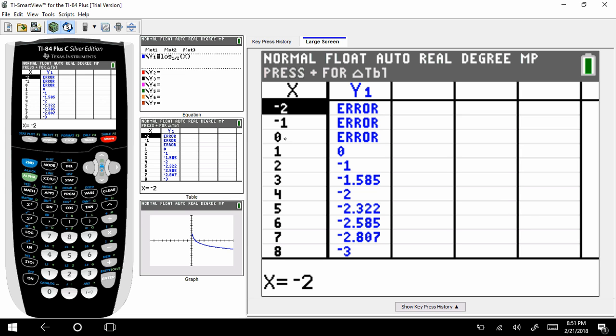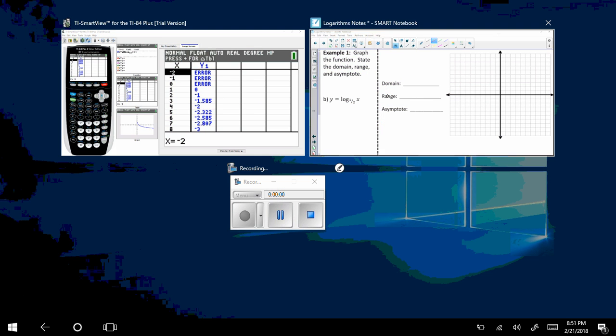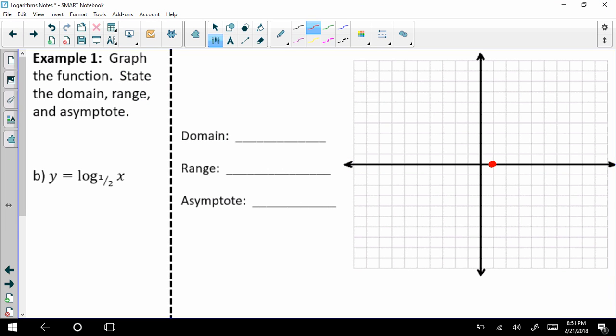So then that means x equals 0 is your asymptote. So we're going to graph 1, 0, and 2, -1. So 1, 0, and 2, -1. And then our asymptote is x equals 0 again, which is this dashed line here.